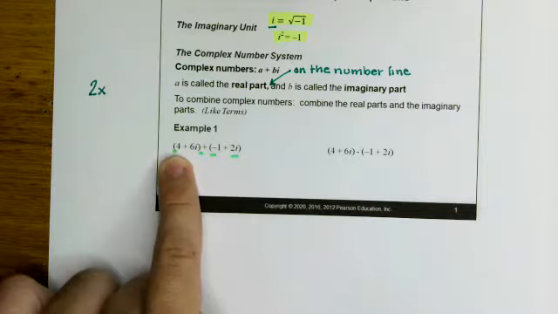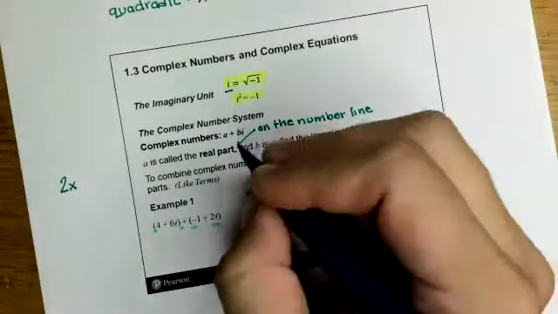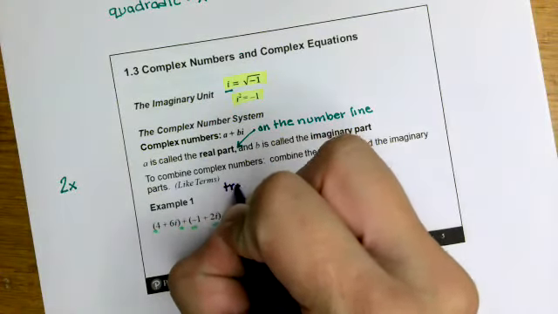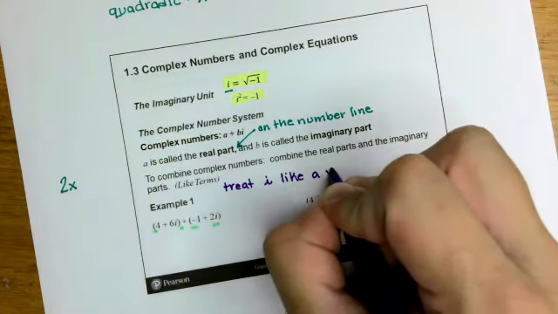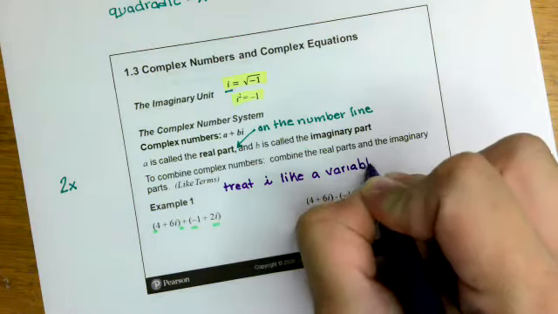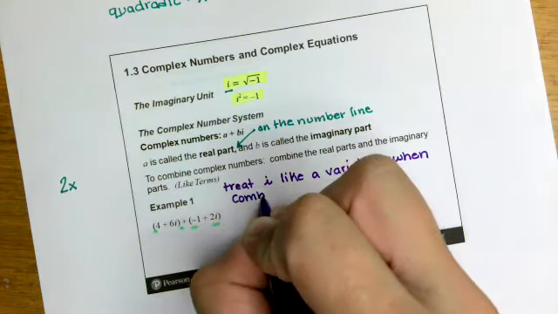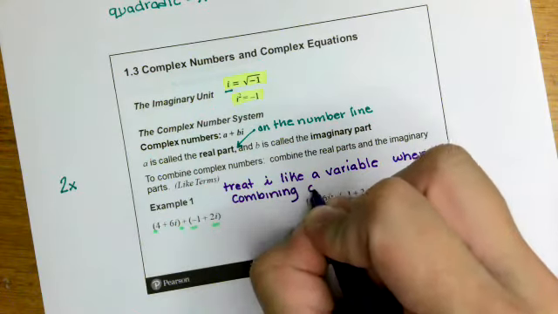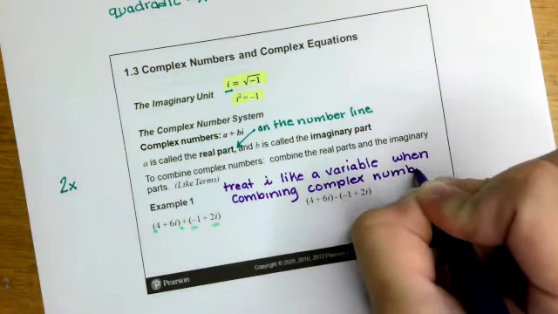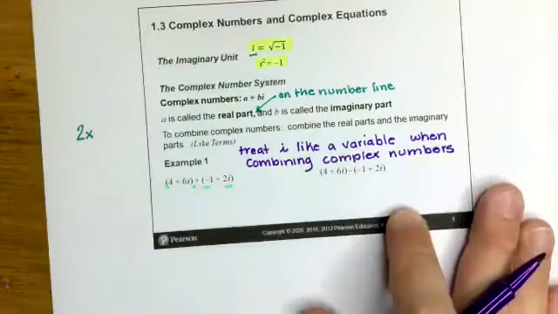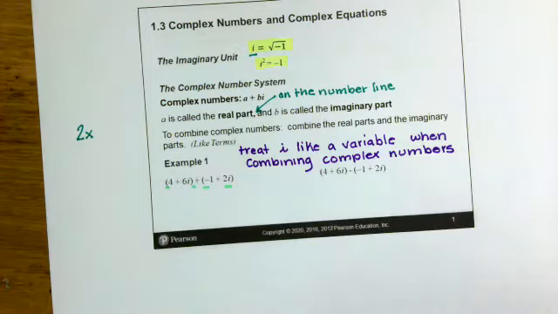So you can treat i like a variable when combining complex numbers. That means you can put 2i with the 6i, but you can't put 2i with the -1.